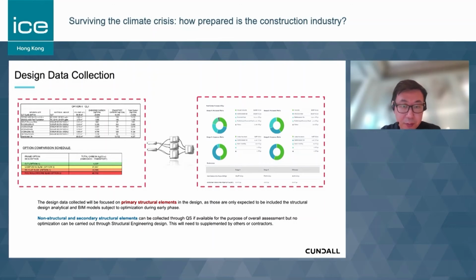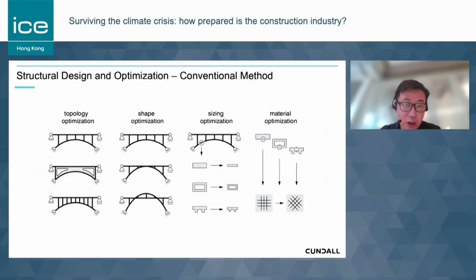Next page, please. I don't know how many listeners understand structural design optimization, but imagine, in the 1,000 years, structural engineering is not rocket science. We take the geometry, picture or vision from an architect or designer, and we help them look at the different typologies of the structure.